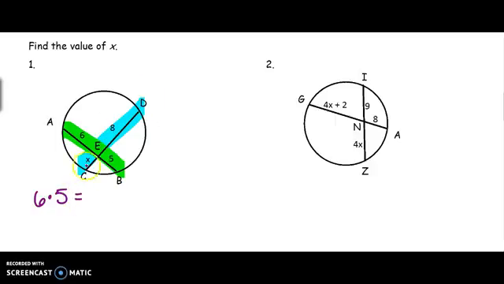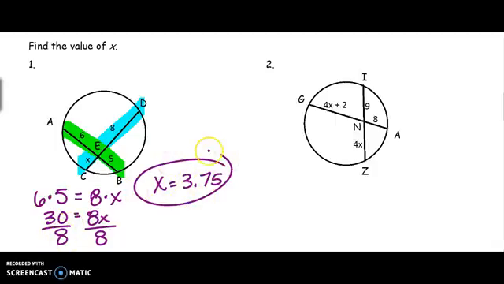Your second chord, the blue chord, you have two pieces again. You have 8 and you have x. So when you multiply those together, you're going to get 30 equals 8x. When you divide by 8, we're going to get 3.75.